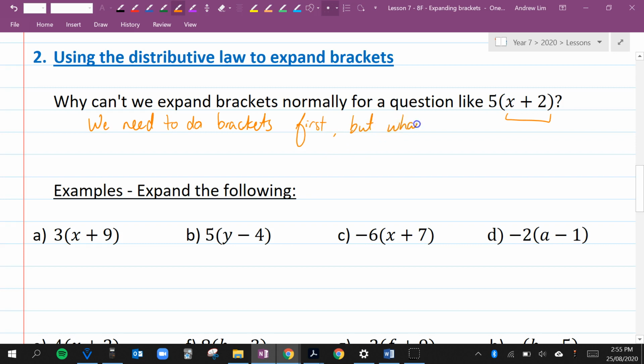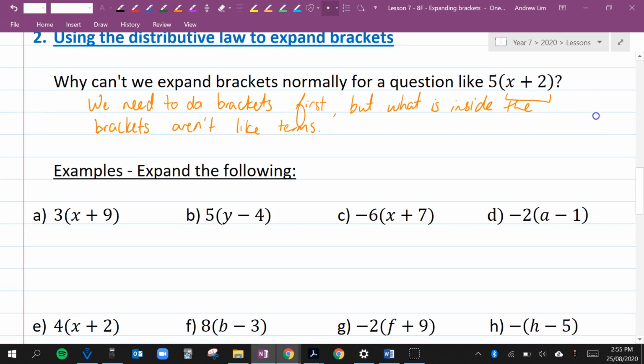But what is inside the brackets aren't like terms, so we can't simplify the brackets.